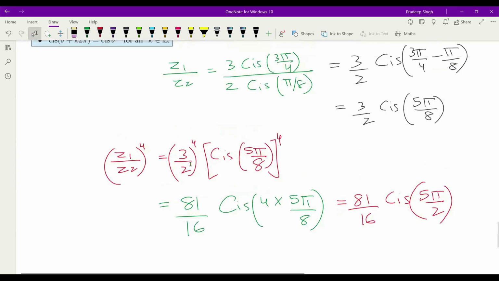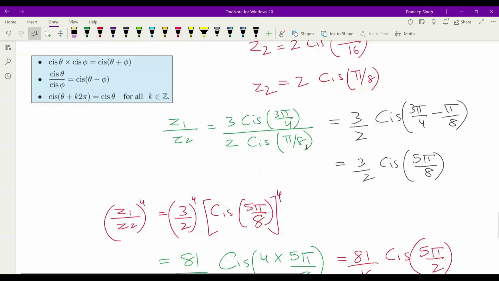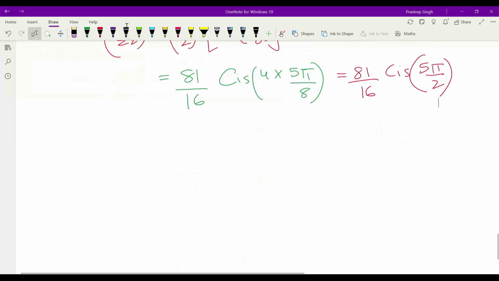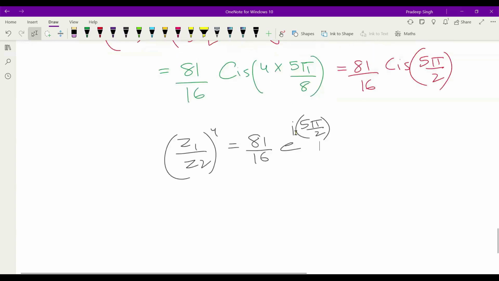But remember the original instructions, we have to convert into Euler's form, keeping in mind the theta should fall in the particular range. So let's do that. So our final answer should be 81 upon 16 e to the power of i 5 pi by 2. We are almost done. So 5 pi by 2 is the argument, but it doesn't fall in that particular range.